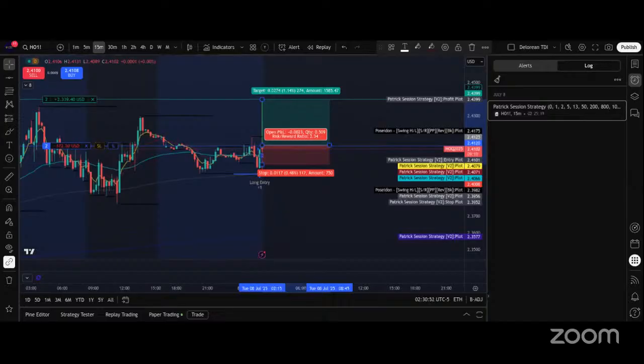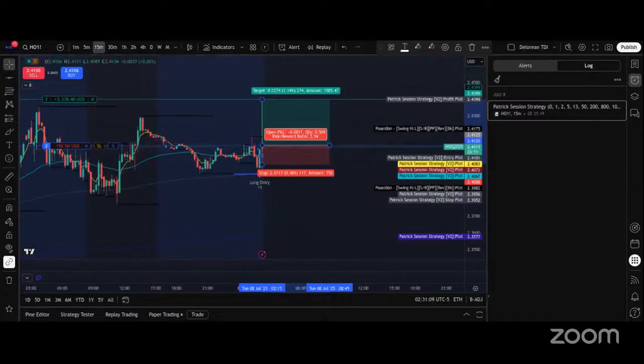Carrie has a question. To take trades, it must sweep Asian higher low on the PK indicator. So, yeah. What the indicator is looking for is a clearance of the top or the bottom of the Asian range, followed by a cross of the 5 and the 13 exponential moving average.